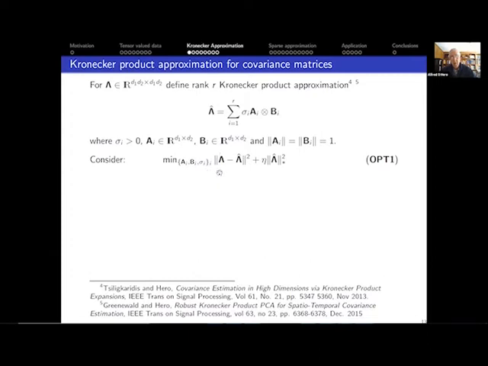Over all of these, and this should actually be D1 by D1 and D2 by D2. That's incorrect. These are square matrices. That's a typo. So over all these square matrices, we want to find a lambda hat of this form, which minimizes this objective function, where we have a nuclear norm that incorporates sparsity on the sigma I spectrum, right? Or it incorporates our prior knowledge on what the rank should be.